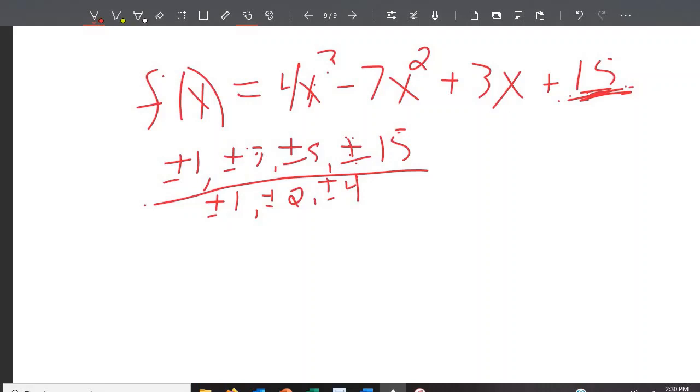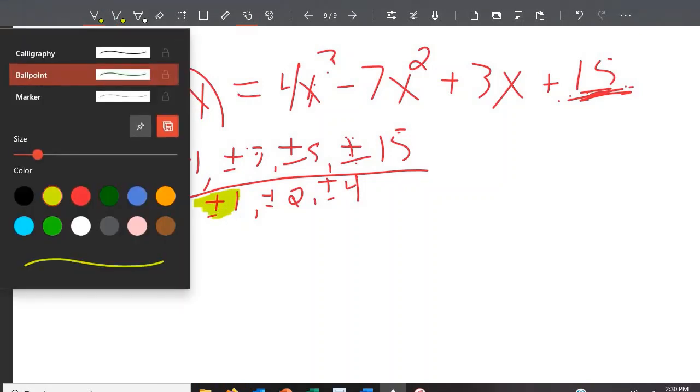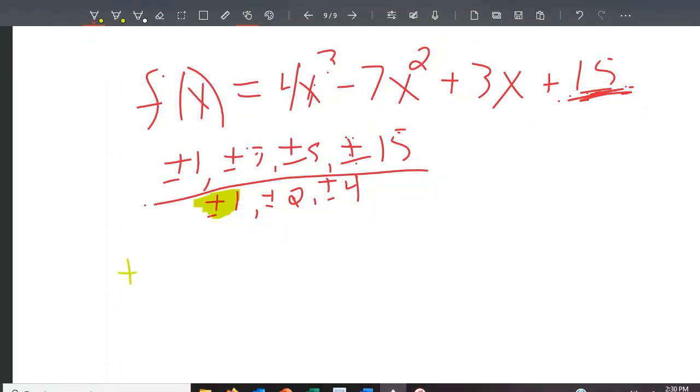First thing I'm going to do is divide the top numbers by 1. When I divide the top numbers by 1, we'll get plus or minus 1, plus or minus 3, plus or minus 5, plus or minus 15.